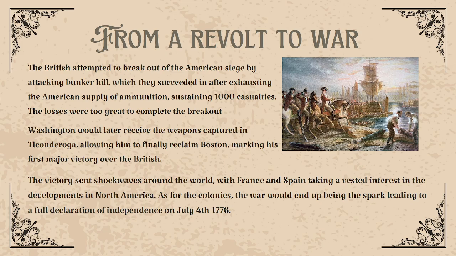Washington would finally receive the weapons captured from Ticonderoga a couple of weeks later. These weapons were set up on another hill overlooking Boston, and finally, to avoid the bombardment, the British just up and left.